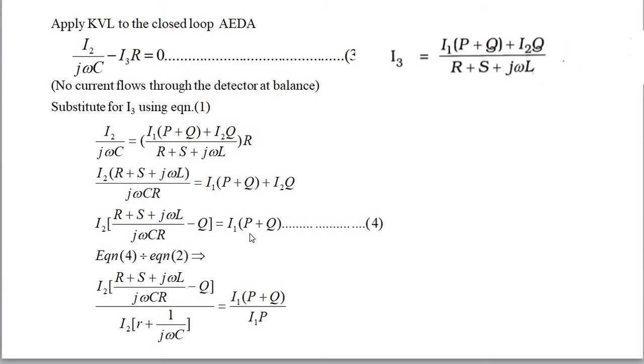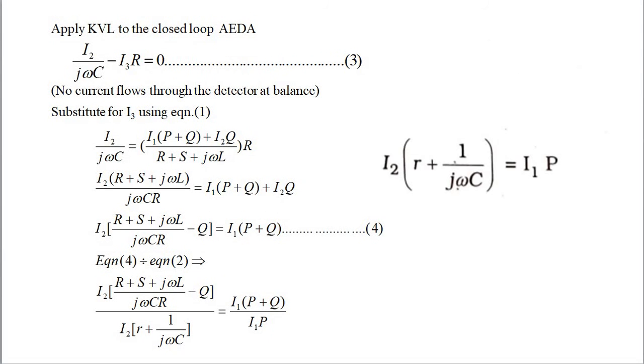So equation 4 divided by equation 2. So this is equation number 4, and equation number 2 is I2 into R plus 1 by j omega C, that is equal to I1 P. That is equation number 2.